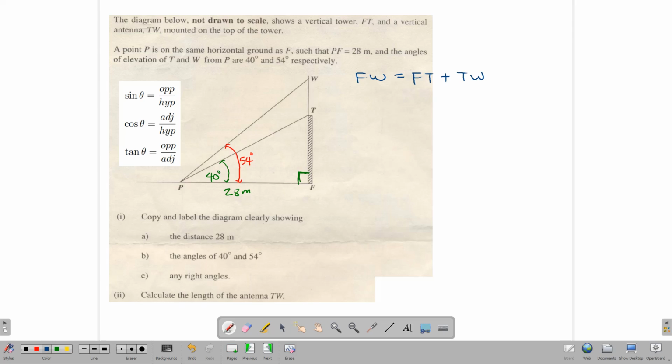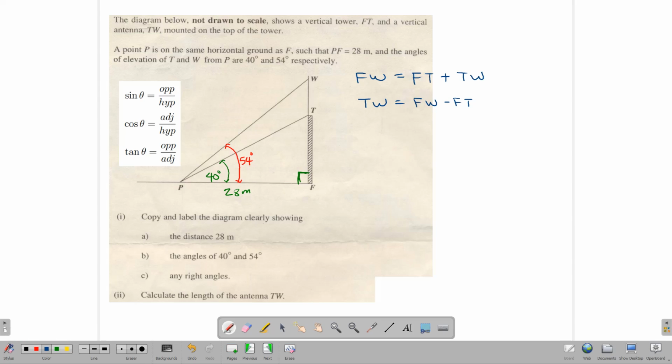That if we do that, we will realize that TW, the antenna, is equal to FW minus FT. And so that's all we need to do. We need to find FT and we need to find FW, do a subtraction, and we're good. And we will find the height of the antenna.